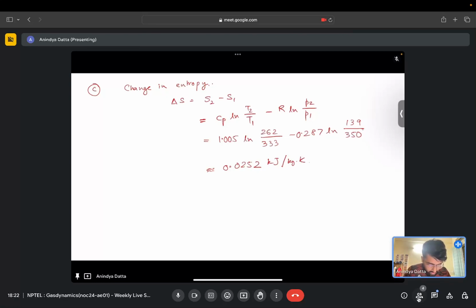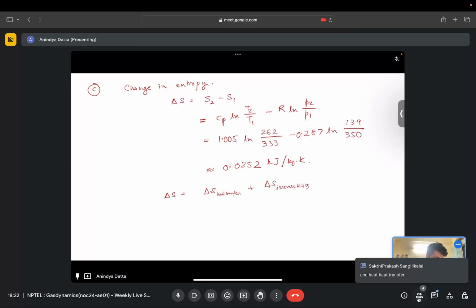Okay, so now, from the second law of thermodynamics, what are the two contributions that can lead to a change in entropy? We know that delta S can be equal to delta S due to heat transfer plus delta S due to irreversibility.